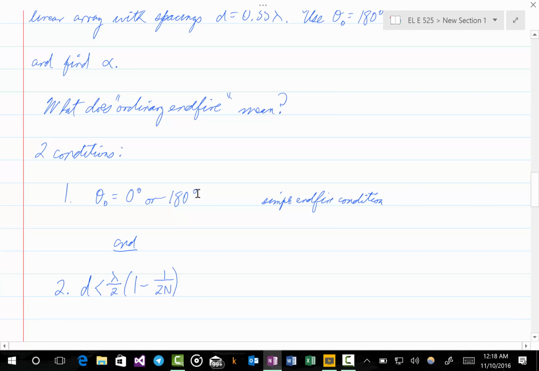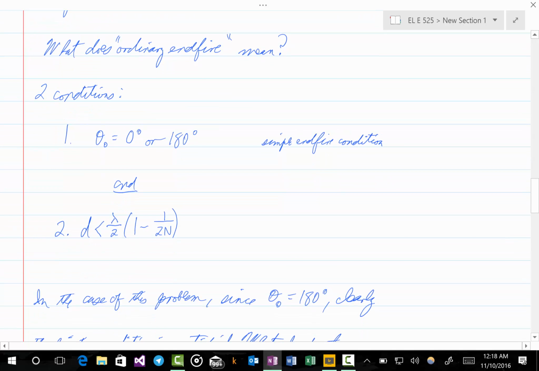As we said above, 90 degrees would be the broadside direction, and either 0 degrees or 180 degrees would be the Endfire direction. So that's the Endfire condition. But then what gives us an ordinary Endfire array is this additional condition here. And if you wish, you could interpret this d as being less than or equal to rather than just less than.